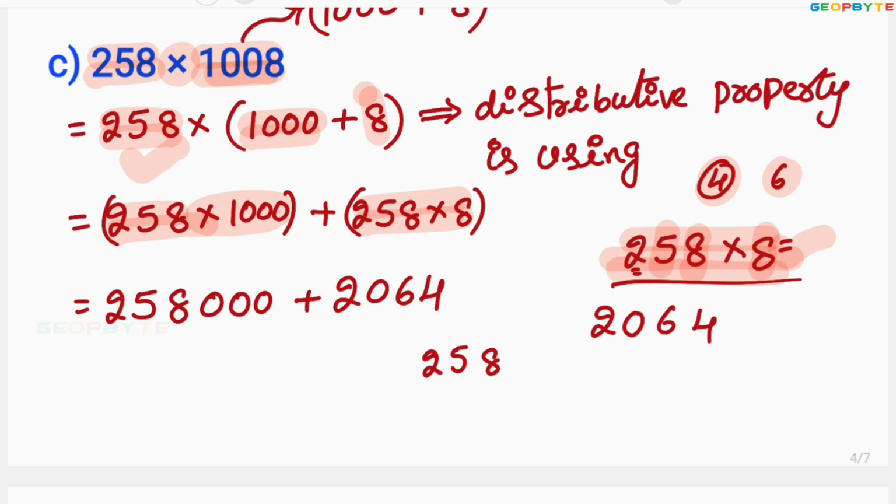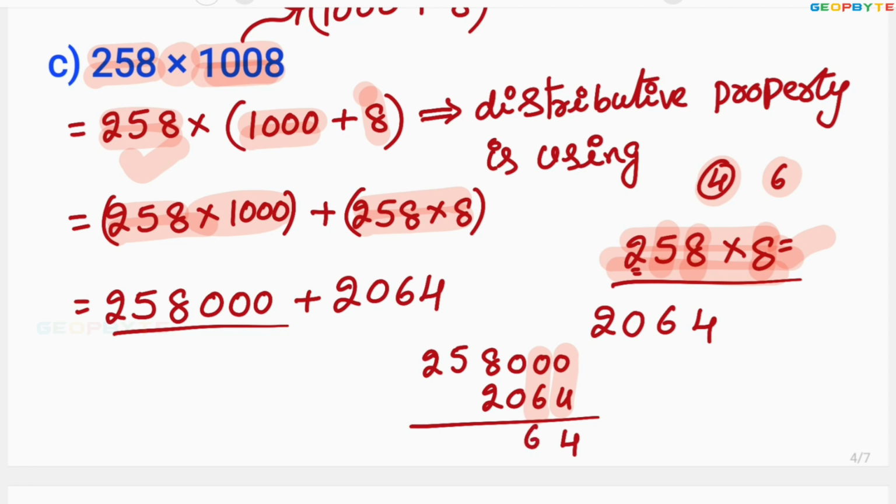258000 plus 2064. 0 plus 4 is 4. 0 plus 6, 6. 0 plus 0, 0. 8 plus 2, 10.